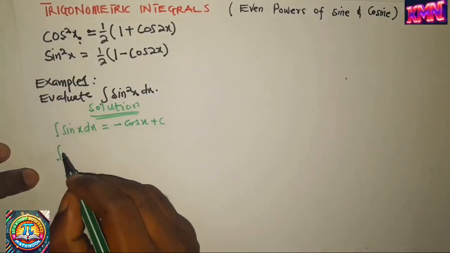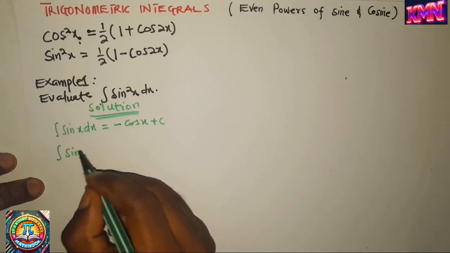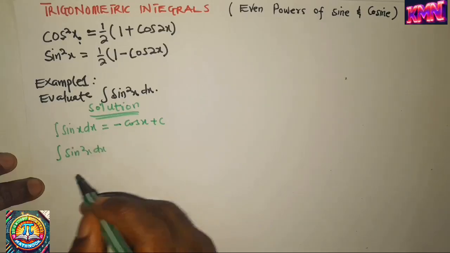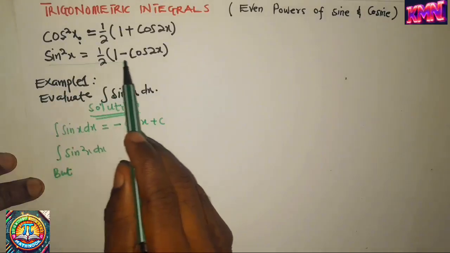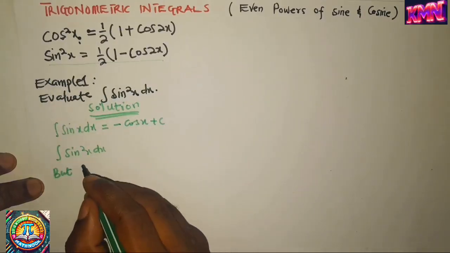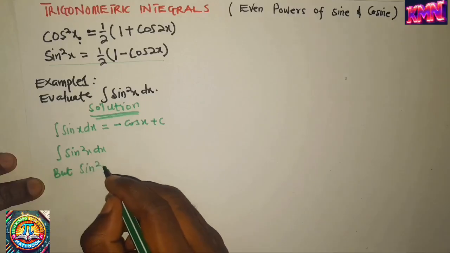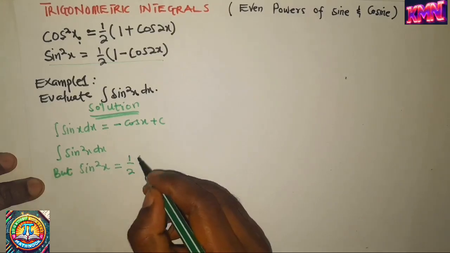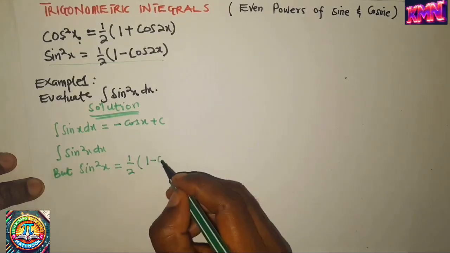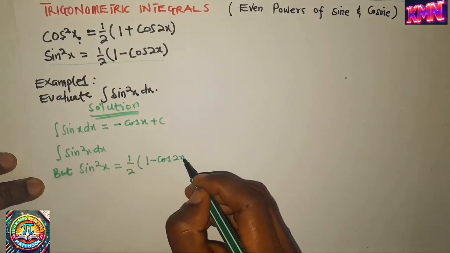So for our integral of sine squared x dx, we should note that from the half-angle identity, sine squared x is the same as 1 over 2 bracket 1 minus cosine 2x.